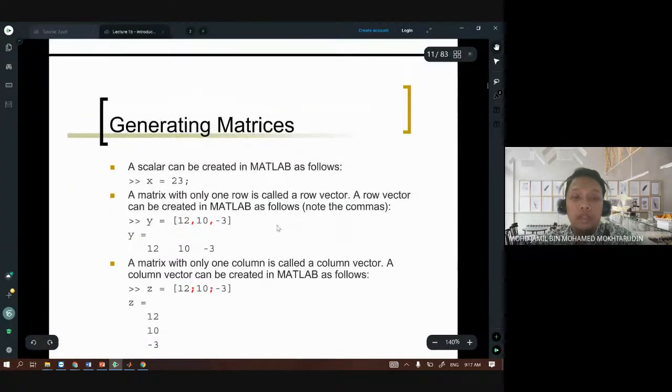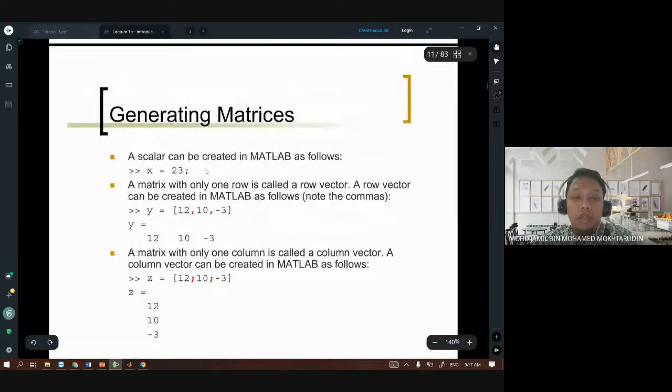To generate a matrix in MATLAB: just now I showed you how to generate a scalar, a single value. You just write x equals 23. To generate a matrix that has only one row, we separate the values by commas.